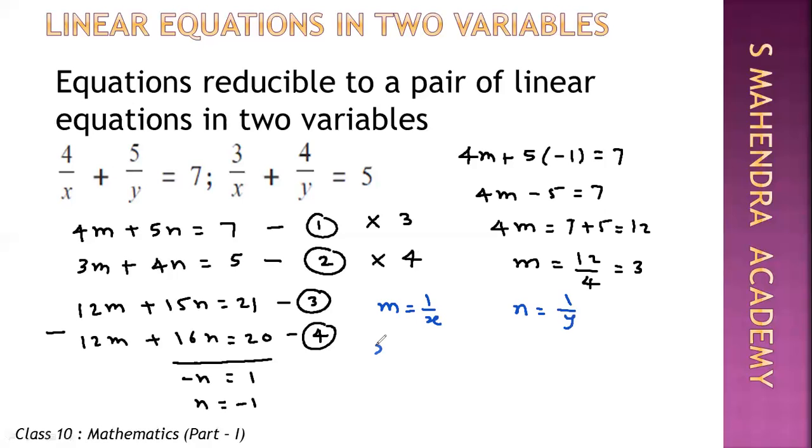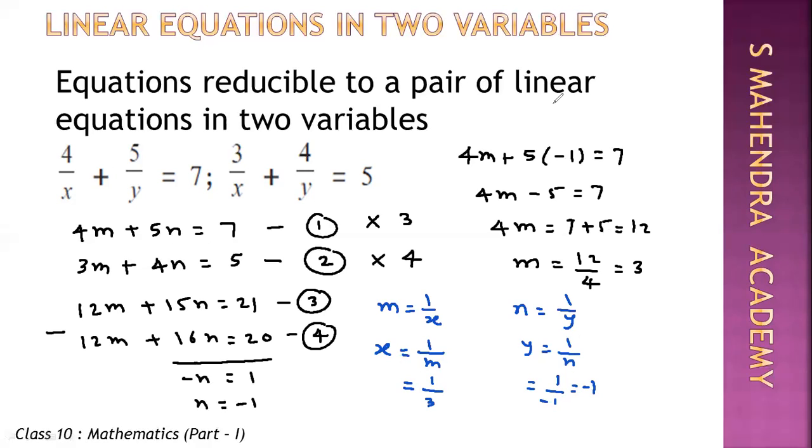So the value of x here will be 1 upon m, and the value of y will be 1 upon n. So the value of x will be 1 upon m, means 1 upon 3, and the value of y will be 1 upon n, means 1 upon minus 1, and that will be minus 1.